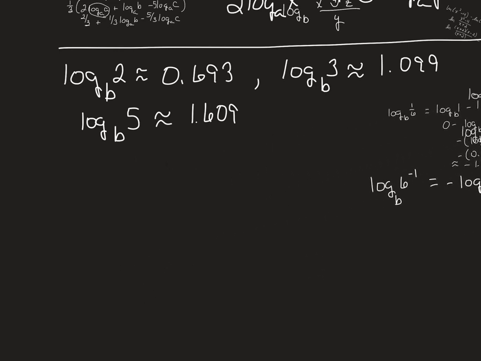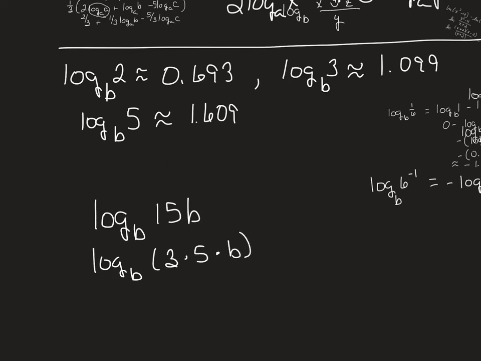Let's say that we had the log base b of 15b. Now, I don't have a value for 15, but I do have a value for 3 and 5. So I could rewrite this as the log base b of 3 times 5 times b, which becomes the log base b of 3 plus the log base b of 5 plus the log base b of b, which is 1.